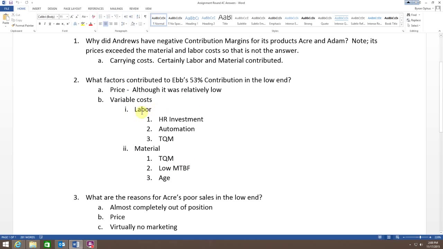Their labor costs were low because of HR investment. I think productivity was up over 110%, if I'm not mistaken. Lots of investment in automation, up to 9 on the automation, and lots of investment in TQM. Those 3 things certainly helped bring the variable cost down.